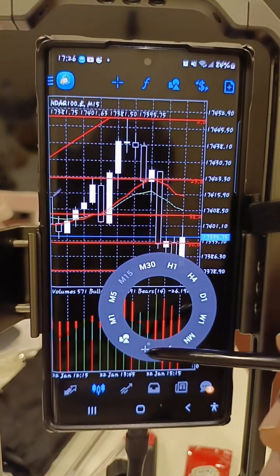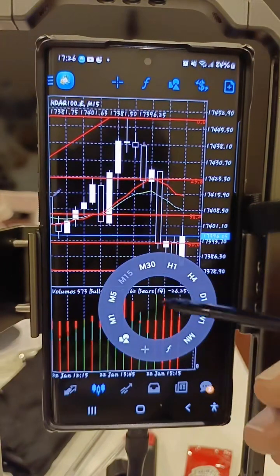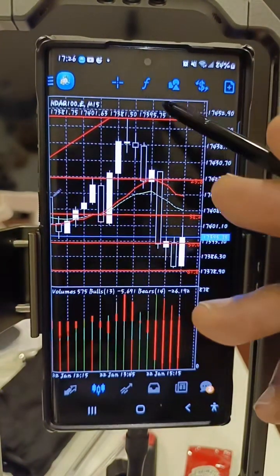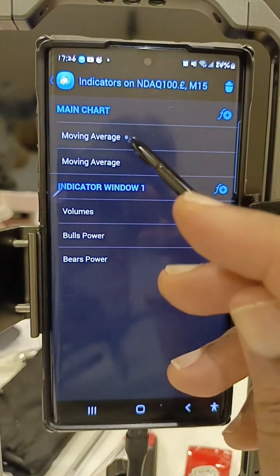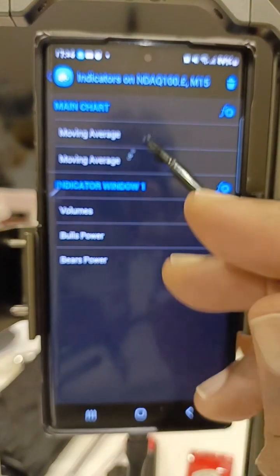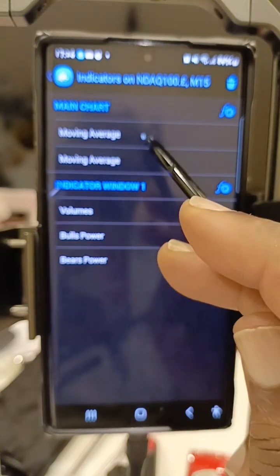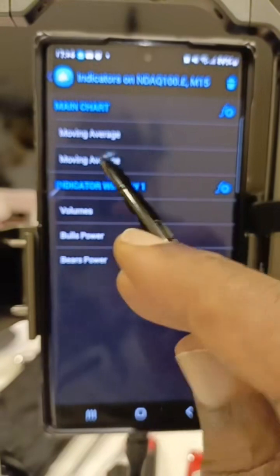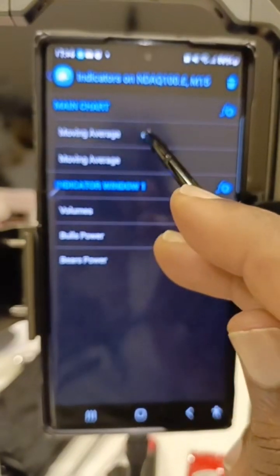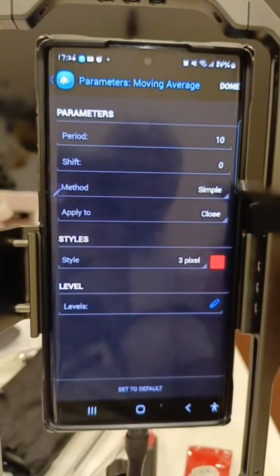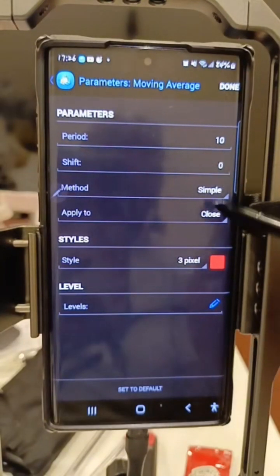So again, very nice and easy. You can use the functions to add all the indicators you use. I'm using moving average for my 10, and for my 10 I'm using simple close.